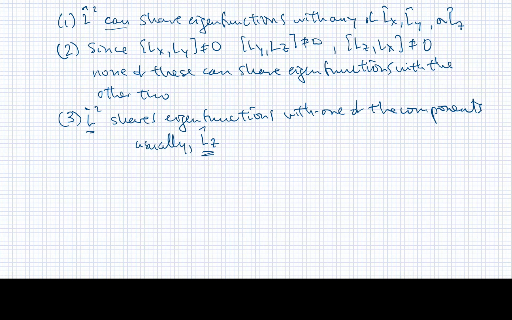We've already shown that they do when you write them out in spherical harmonics, in part because z is treated a little bit differently mathematically than x and y, and so it becomes the one that naturally shares eigenfunctions with L squared in that particular coordinate system. But we could find another coordinate system which might allow Lx to share eigenfunctions with L squared. This is how we generally deal with angular momentum states and operators. They all have these particular properties, and we typically say that L squared shares eigenfunctions with Lz, but not the other two.